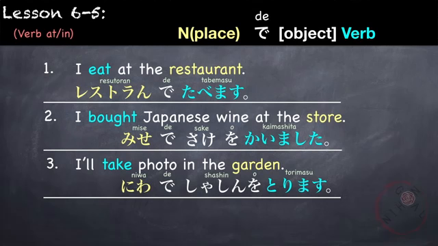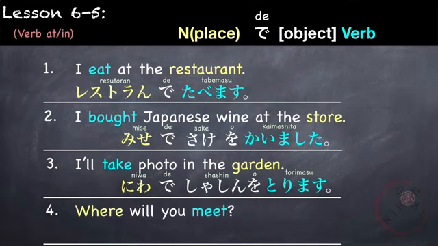And how to ask where will you do an action. So we will not use nan de. In this case, we will use the interrogative word where or doko. Doko de aimasu ka? Meet in Japanese is aimasu. Doko de aimasu ka? Where will you meet?